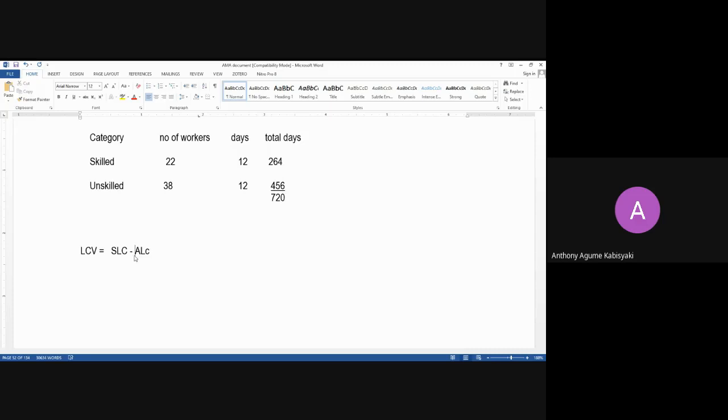So to get my standard labor cost for skilled, it is standard days times standard daily rate, because it is no longer hourly but in terms of days, since here we are remunerating workers on the basis of days.